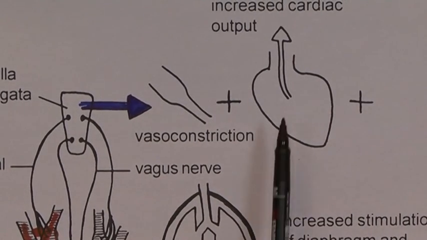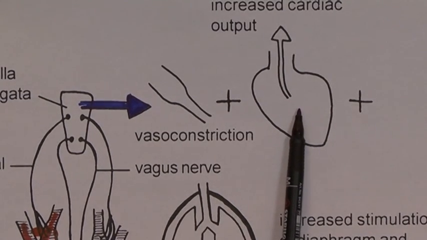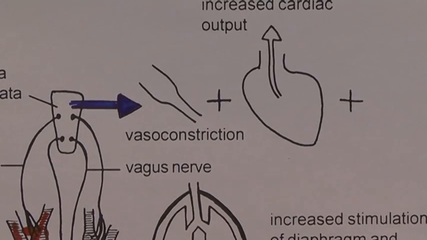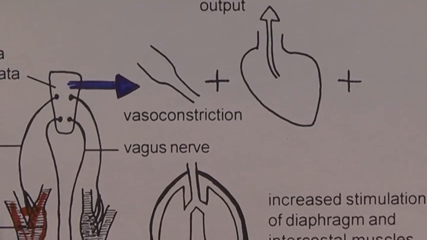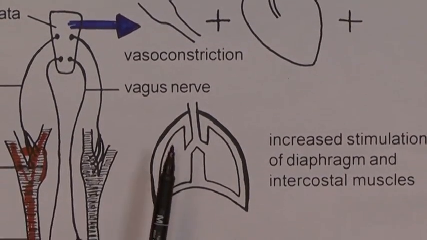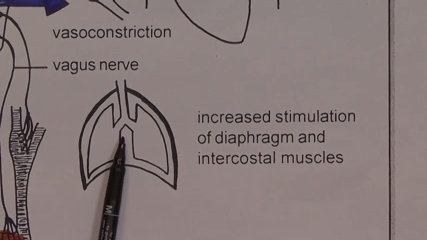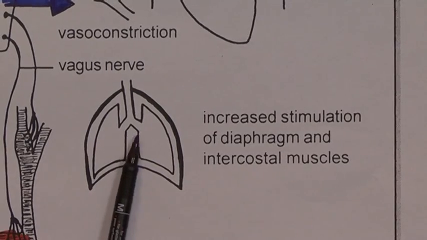Sympathetic output from the cardiac centre is going to increase heart rate and volume, thereby increasing cardiac output. And sympathetic outflow from the respiratory centre is going to increase the rate and depth of lung ventilations.